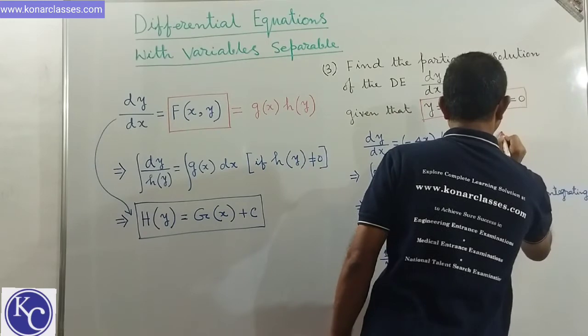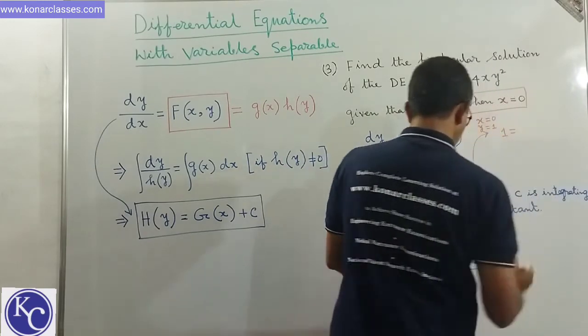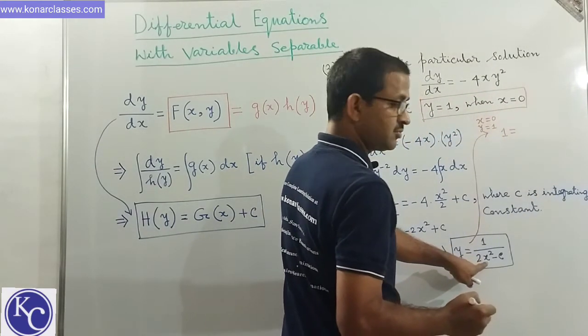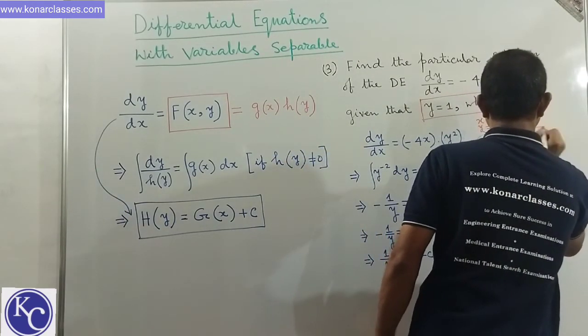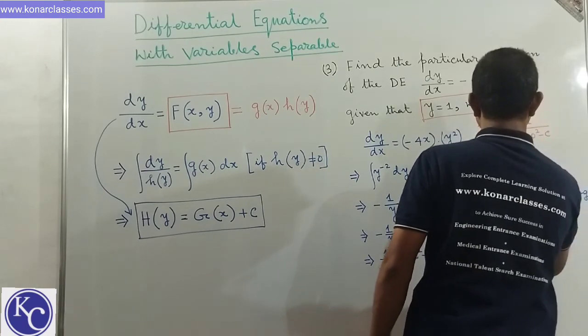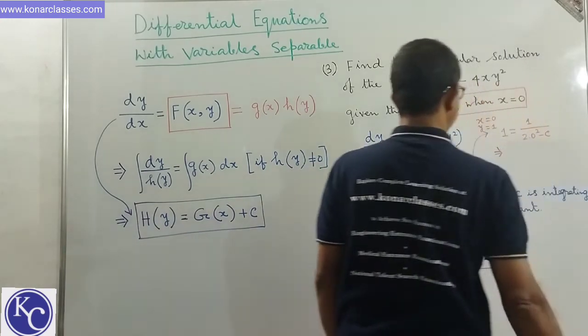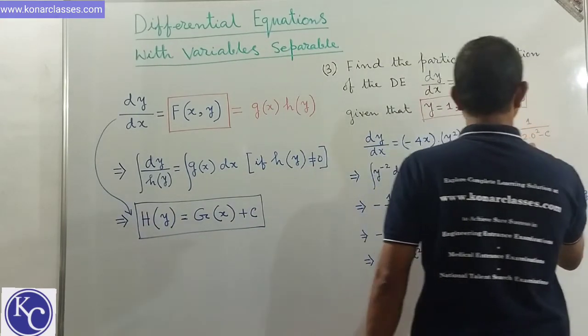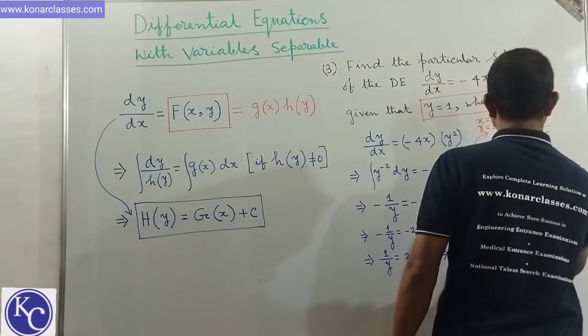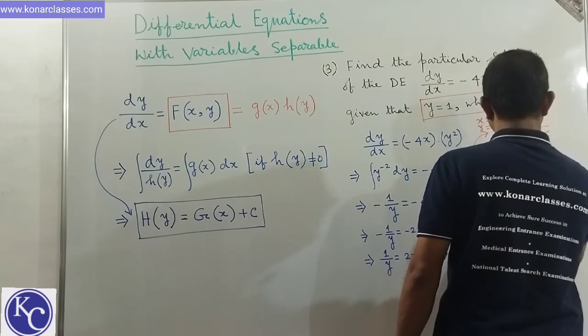That will give us 1 equal to 1 by (2 into 0 square minus c). So from here, we get the value of c as minus 1.